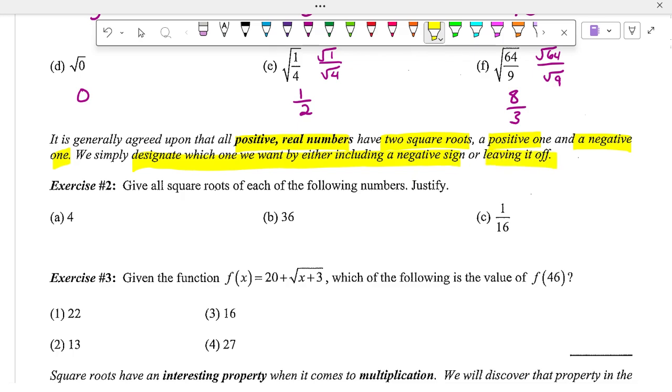Technically, if I took the square root of 4, what could the answer be? 2 or -2. So -2 squared is 4, +2 squared is 4. So we designate with a symbol called plus minus. This symbol literally means plus or minus. So positive or negative 2. It's a shorthand.